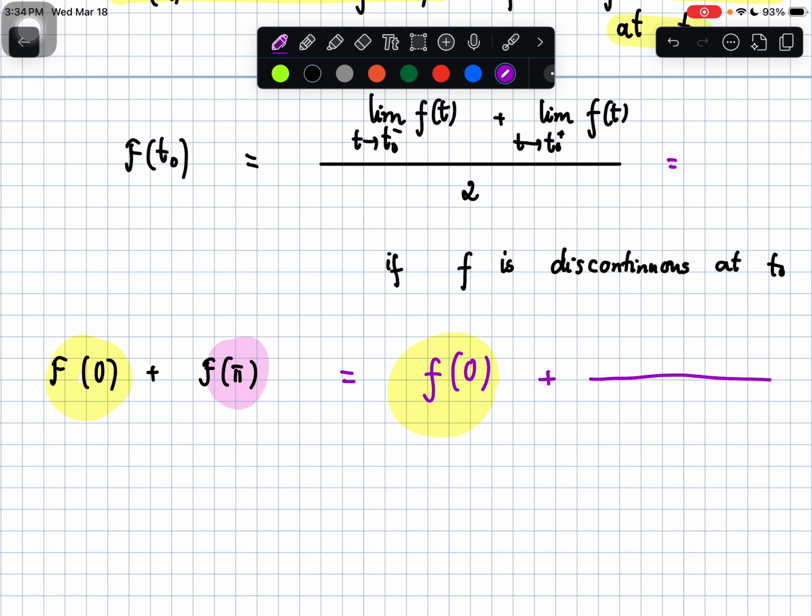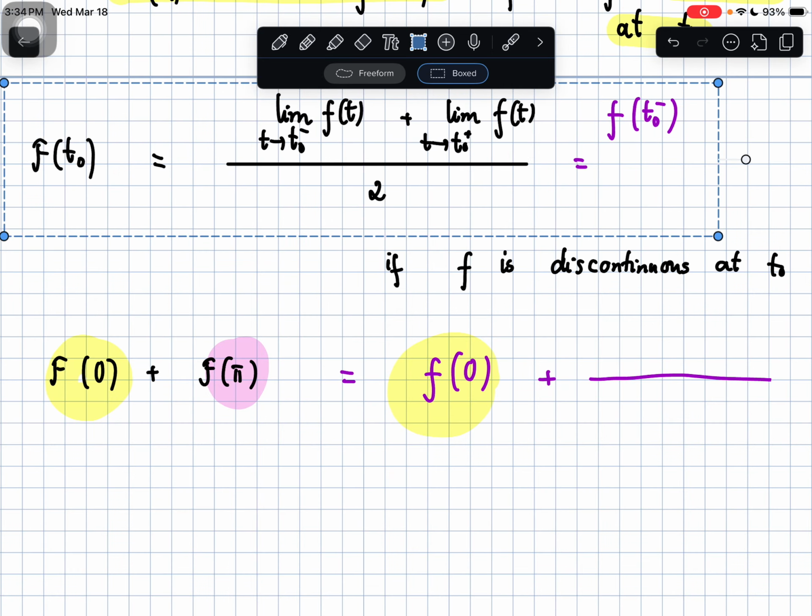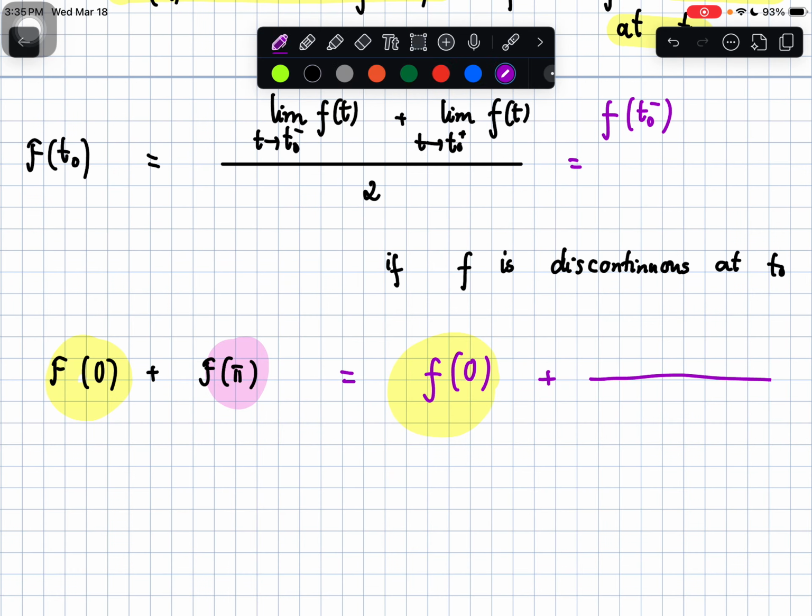So in short, people can write (f(t0 minus) plus f(t0 plus)) over 2. That notation stands for the limits. So I use that notation: (f(pi minus) plus f(pi plus)) over 2.